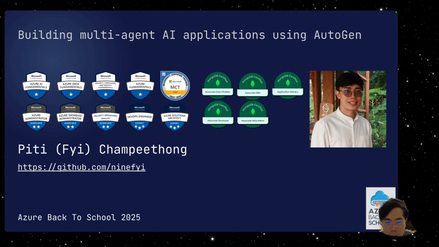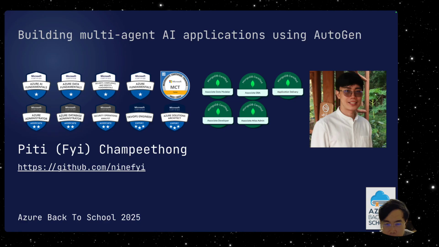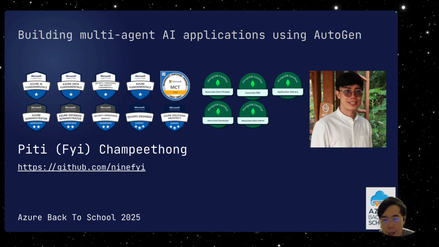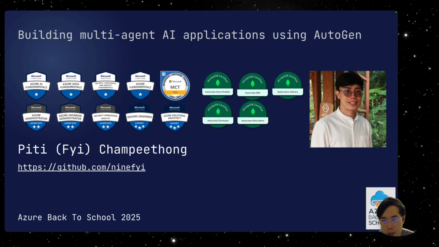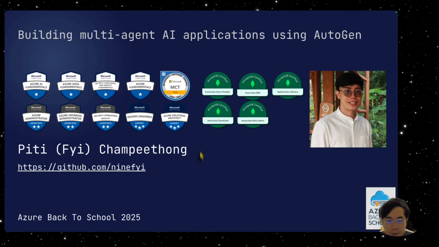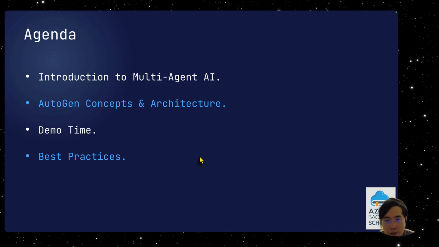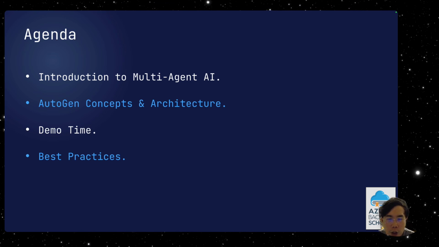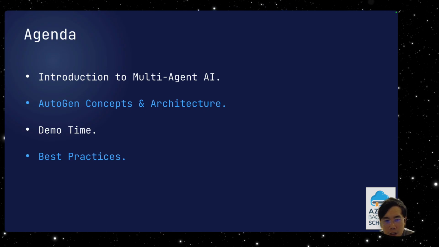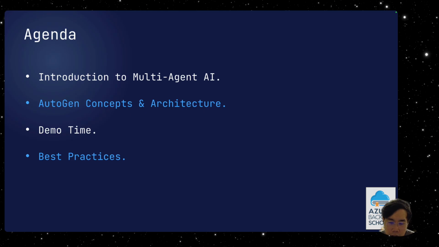So today I would like to show you in my section how to build multi-agent AI application using AutoGen. The agenda for today is we talk about the introduction to multi-agent AI, AutoGen concept and architecture, and demo time.